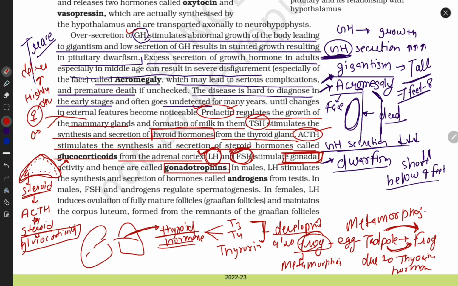All these hormones secreted by pars distalis are from the anterior pituitary gland. Okay, these hormones are useful for gonad development. Let's study LH, luteinizing hormone. LH stimulates the synthesis and secretion of hormones called androgens. This is for the testes.